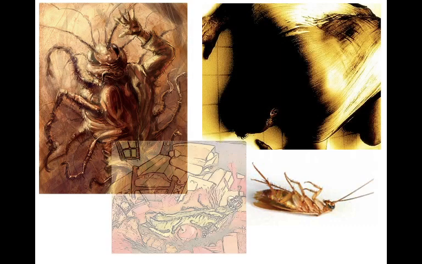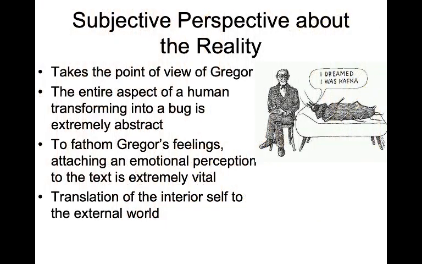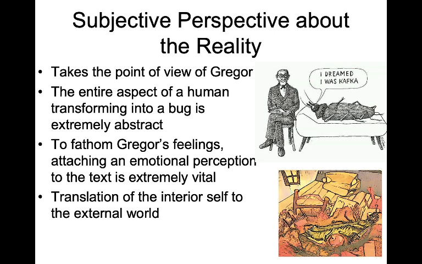We see that Metamorphosis takes the point of view of Gregor, thus maintaining a subjective perspective about the reality. Gregor's metamorphosis was a deformation of his identity as a human, which was once his reality. So, this entire aspect of a human transforming into a bug is extremely abstract.